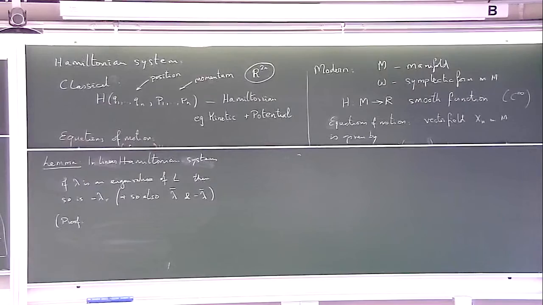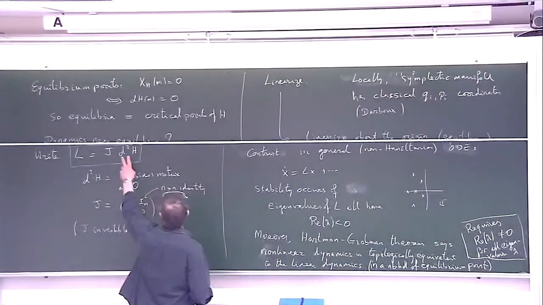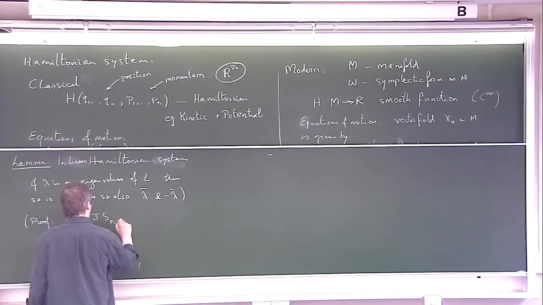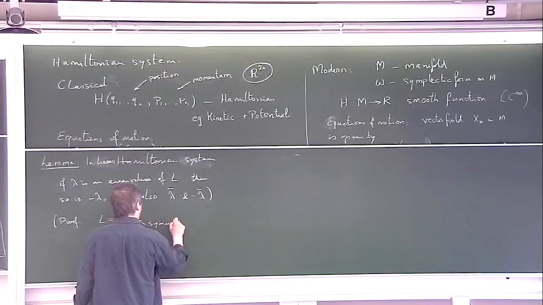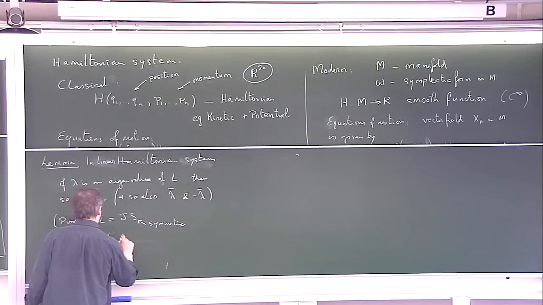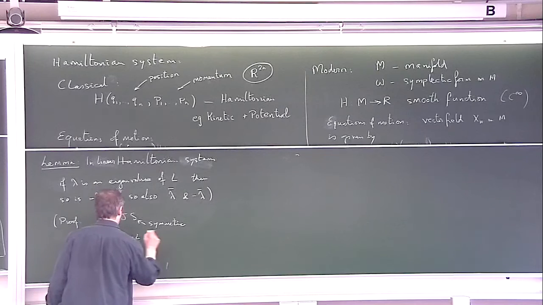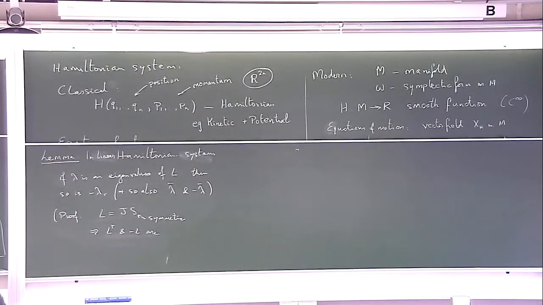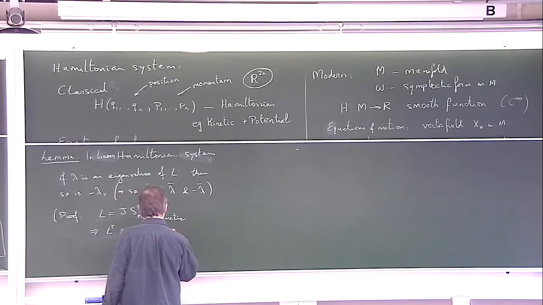The proof, I won't go through the details, but you use this structure and shows that L transpose and minus L are conjugate matrices or similar matrices.